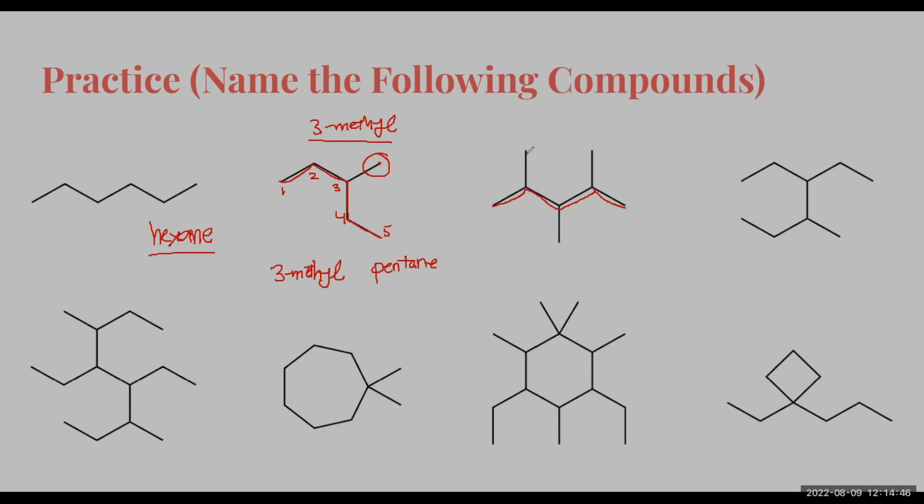However, I could also say this is going to be the parent chain, 1, 2, 3, 4, 5. The next thing I'm going to do is number the carbons. In this particular example, it won't matter which direction you choose. In the future, you would want to choose a direction that gives the first substituent the lowest number. So I'm just going to label these 1, 2, 3, 4, and 5 again.